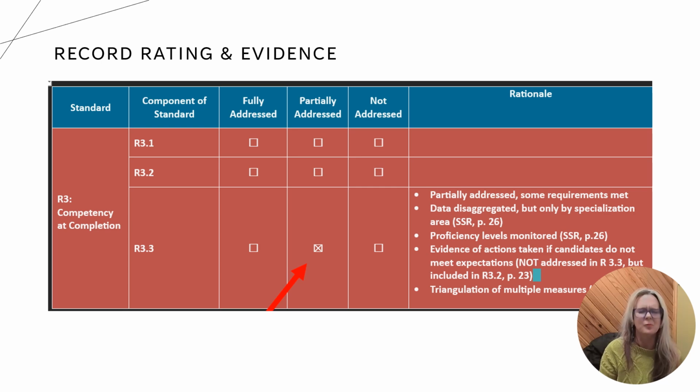Remember, go back to the standard, to the quality evidence, and to component 3.3, and see that it says disaggregated by race, ethnicity, and other elements that the university might find relevant. That's a paraphrase, but these are not optional. So for that fact alone, it is partially met.